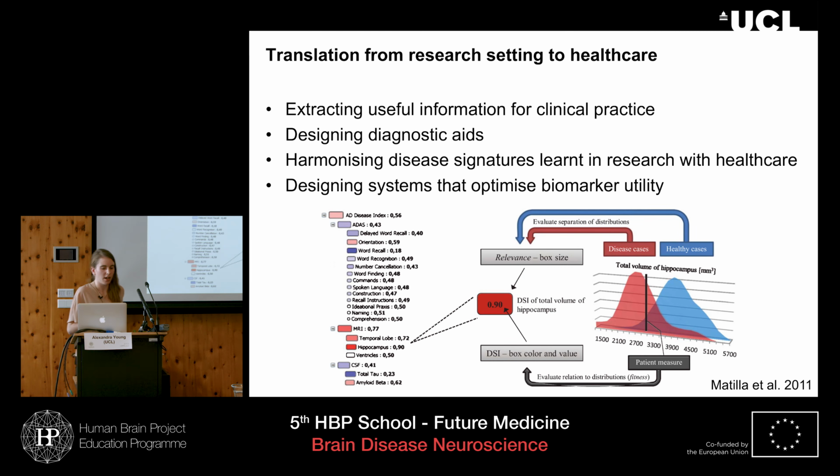So another key issue is translating these types of models from the research setting to healthcare, and this is actually incredibly complicated, and there are several different problems that surround this. So one of them is extracting useful information for clinical practice.